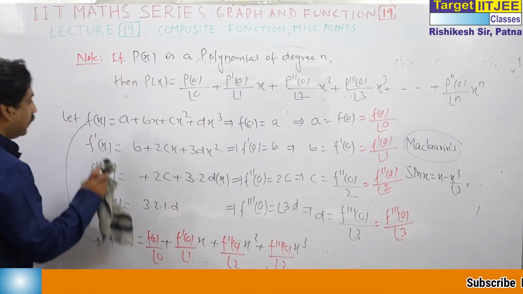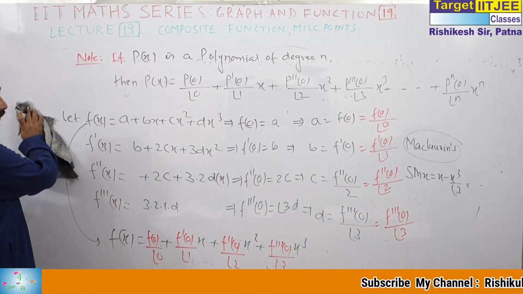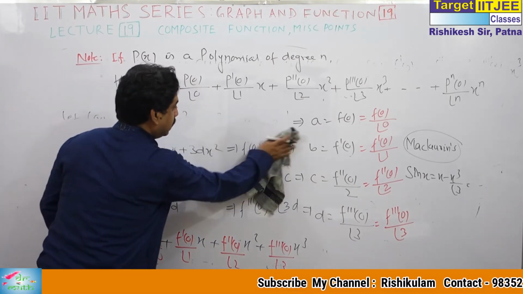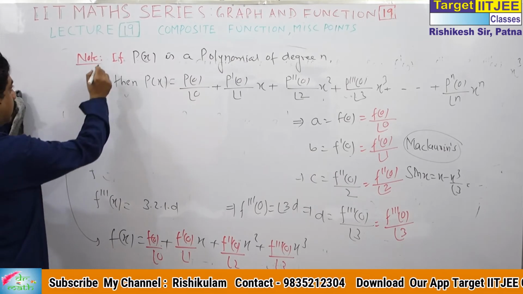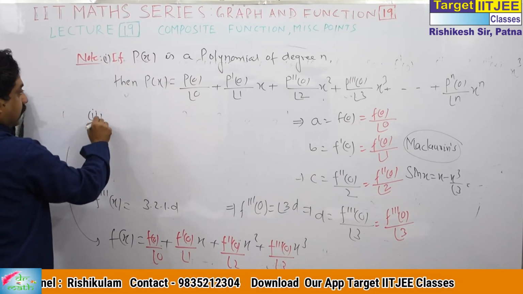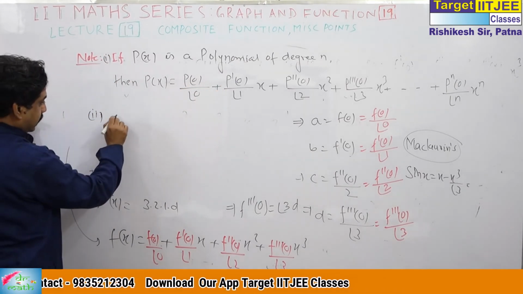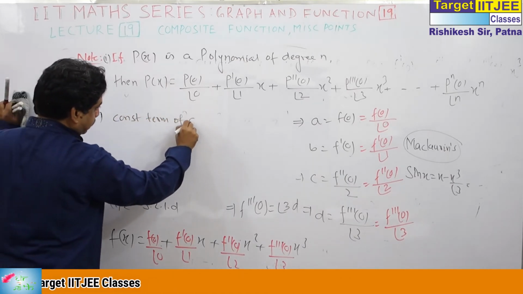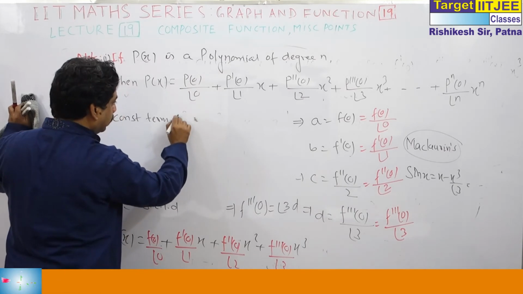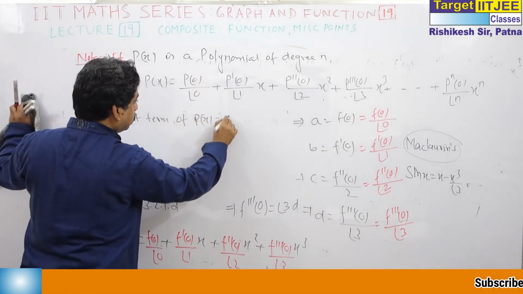But here we have to note one more point. I am erasing this one. This note is also important. Conclusion of this: the constant term of polynomial Px is P0.